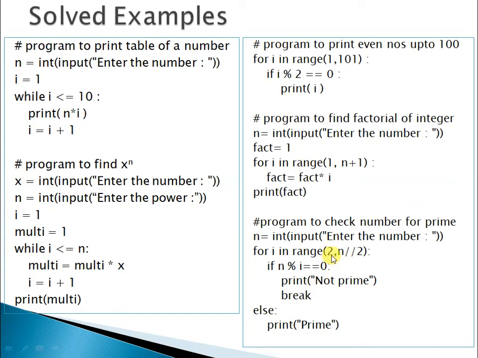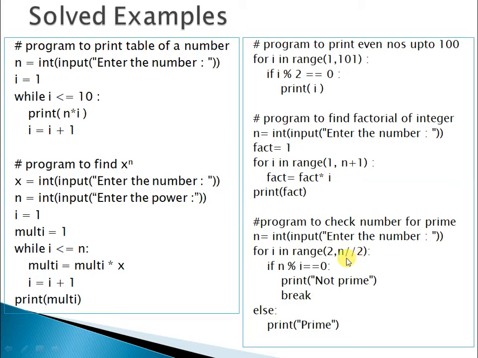And you do not have to go up to n, because no number greater than half of the number can divide that number completely. If the number n is 100, you cannot think of any number greater than 50 which can fully divide it. So your loop moves only up to n by 2. Why have we put this floor division?